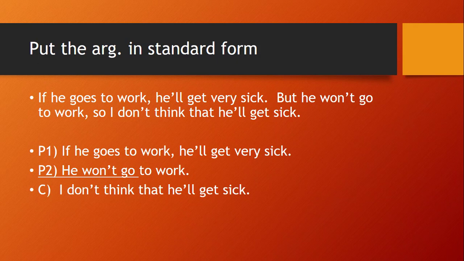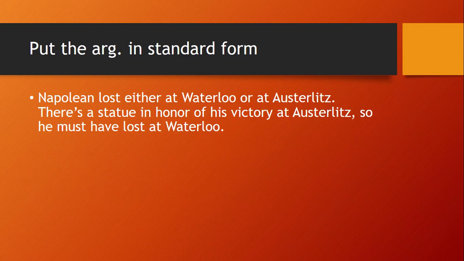Alright, so let's look at the next one. Put the argument in standard form. Here we have: Napoleon lost either at Waterloo or at Austerlitz. There's a statue in honor of his victory at Austerlitz, so he must have lost at Waterloo. Find the conclusion first, and that can help you find the premises, because the premises are nothing but those reasons or evidence that counts in favor of the conclusion.